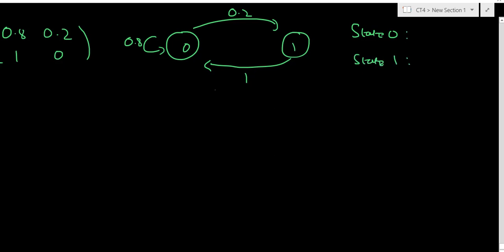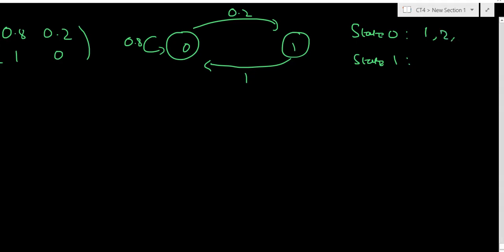So return to 0 is possible in 1 step: if you are in 0, you can come back to 0 in the next step. It can also be possible in 2 steps, since if you are in 0, you can be in 0 in the next step, and in 0 again in the next step as well.